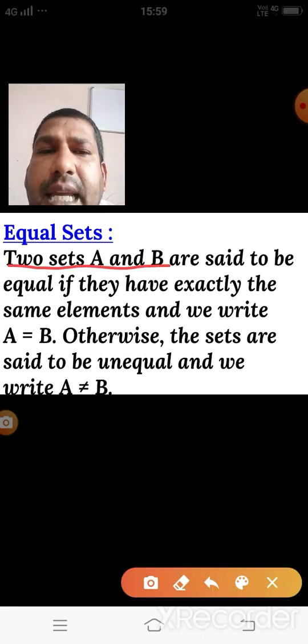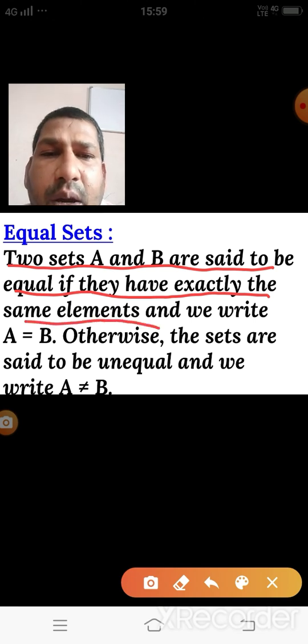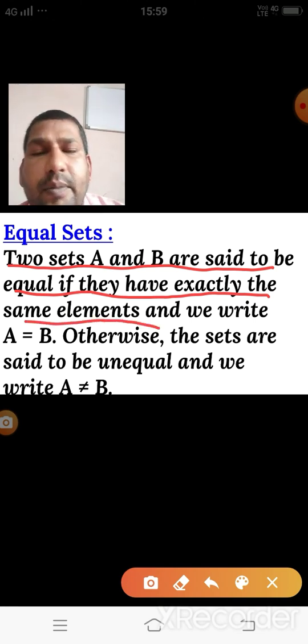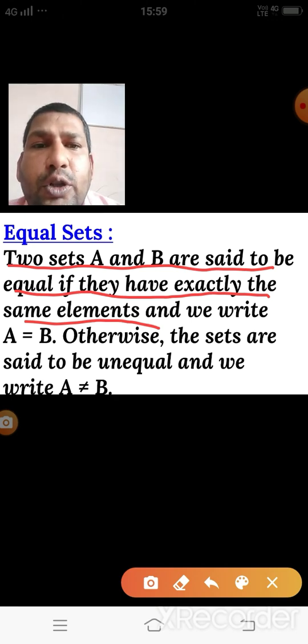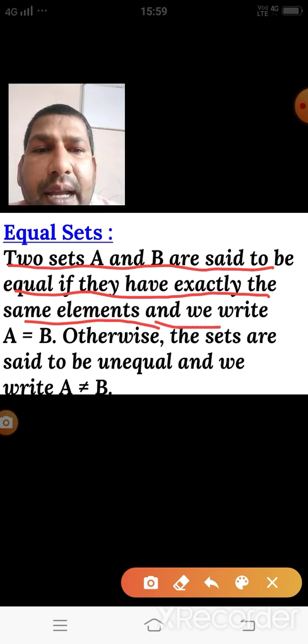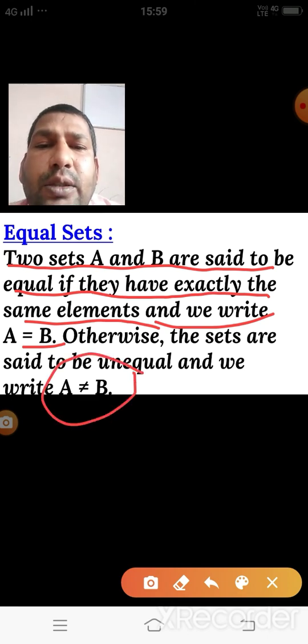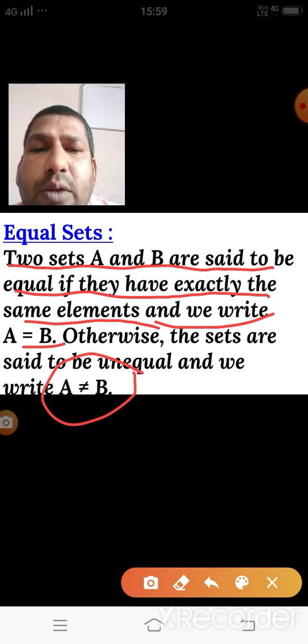Two sets A and B are said to be equal if they have exactly the same elements. Order may differ, but the elements should be the same. Then we write A equal to B. Otherwise, we write A is not equal to B. If the sets are unequal, then we use the not equal sign, and if the sets are equal, then we use the equal sign.